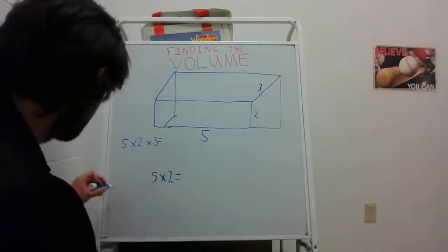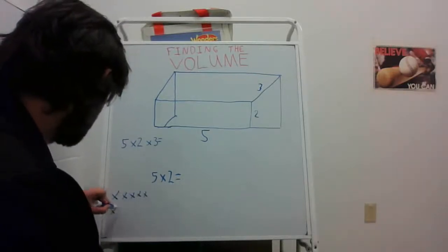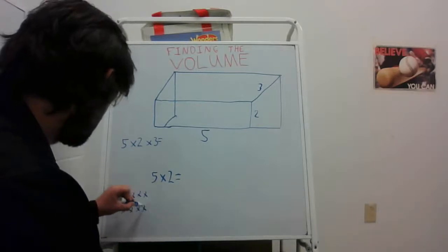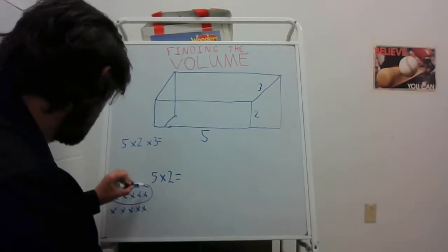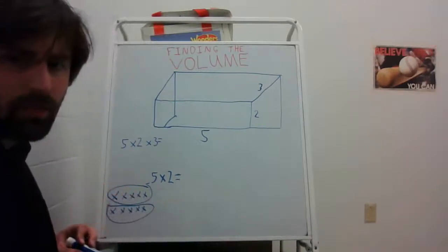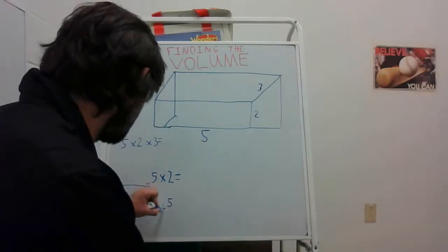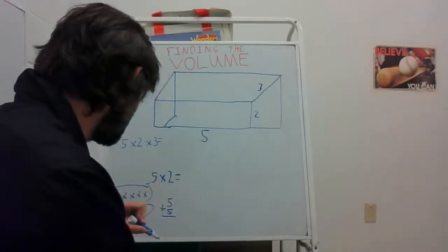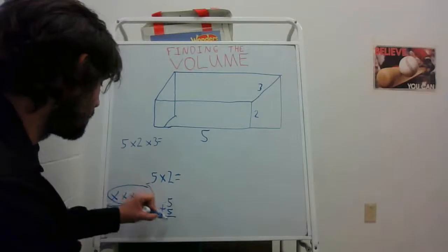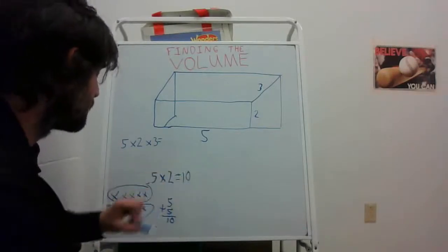Either way. 5 times 2, that means 5 is being added twice. 5 plus 5 is 10. 5 times 2 equals 10.